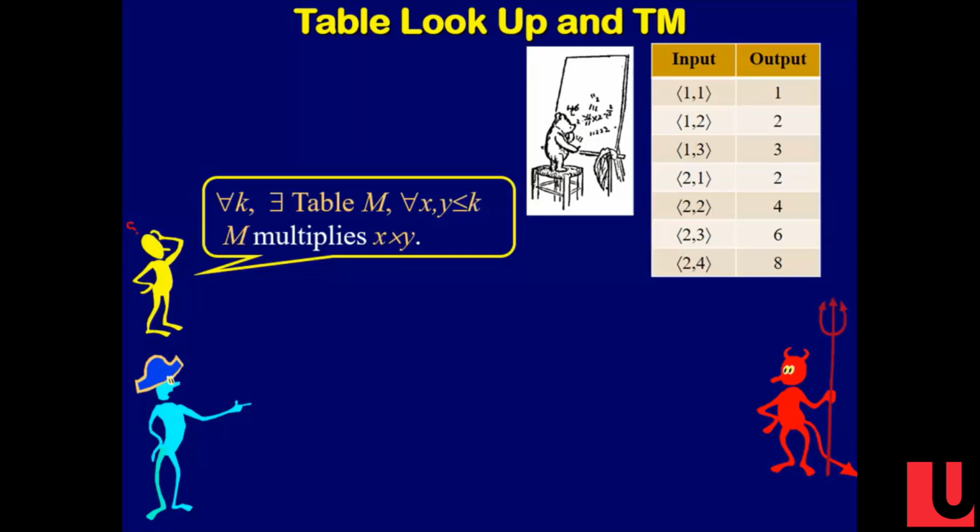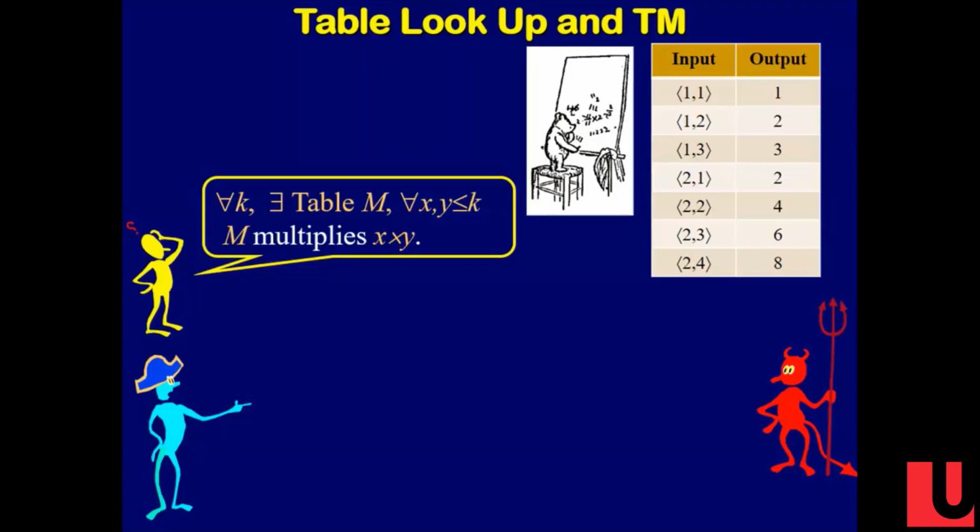We could read them in order. The exists, I go, and I come up with, I know k, and I construct a table. So my job is to build a table. And then the adversary gets the for all. Now we're questioning, can my table compute multiplication? That's the question. But we've limited the adversary.